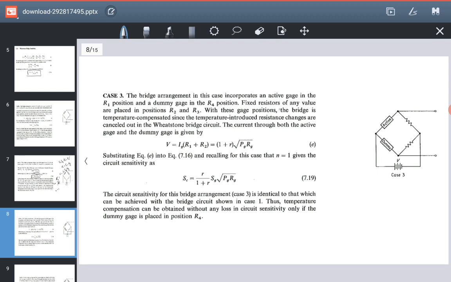Now let's come to the third case. In the third case, this will be R1, this will be R2, this will be R4, and this will be R3.